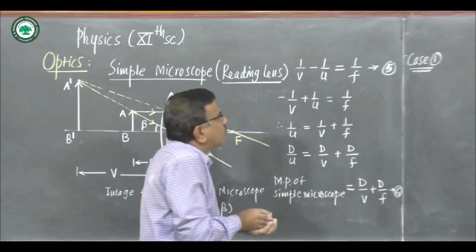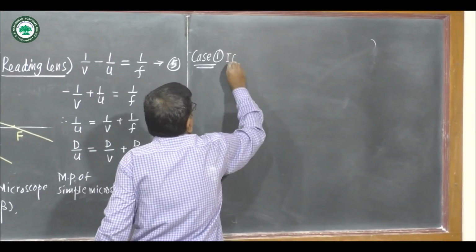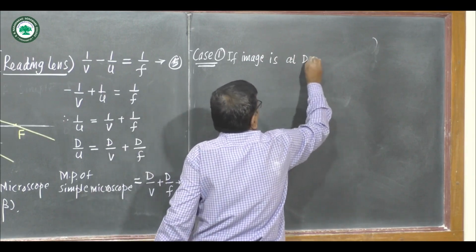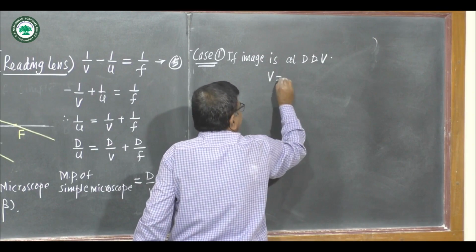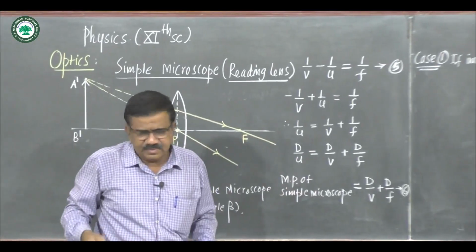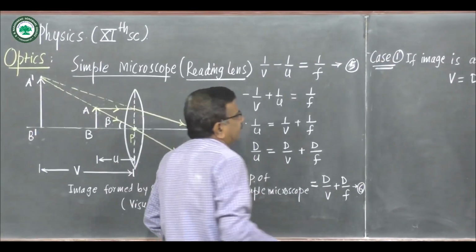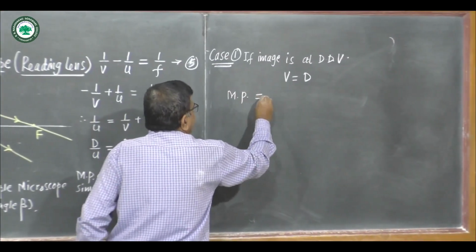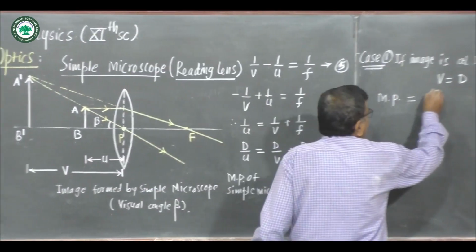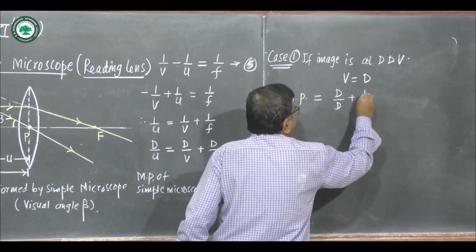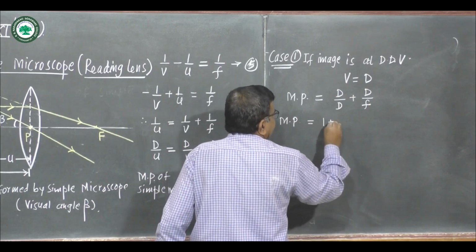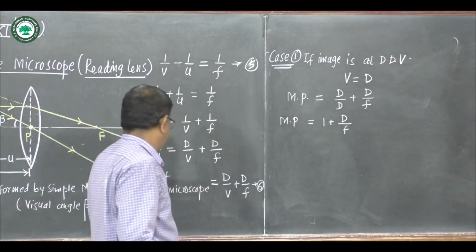If the image is at the distance of distinct vision, if the image formed is at the distance of distinct vision, it means the image distance V is equal to D. Then equation 6 becomes magnifying power is equal to, substituting V as D, D upon D plus D upon F. So magnifying power is 1 plus D upon F. Equation 7.